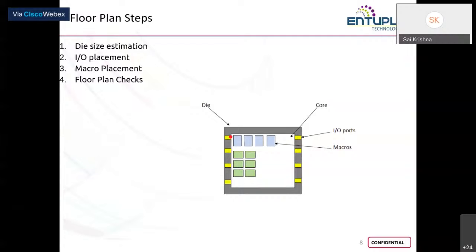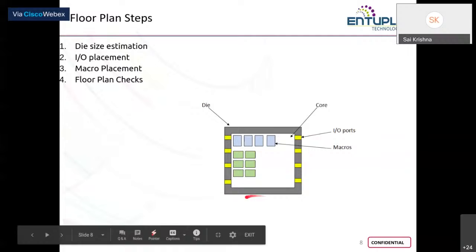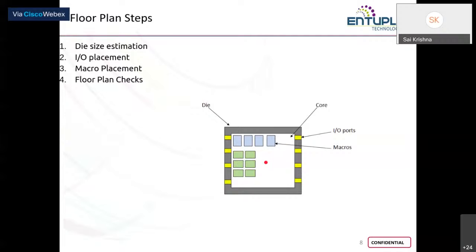In certain conditions where you only have a single macro or so, as much as possible, you have to stack your macros which are of the same hierarchy and place them along your boundary. So let's say I have four memory macros, one PLL, and some two or three miscellaneous macros.